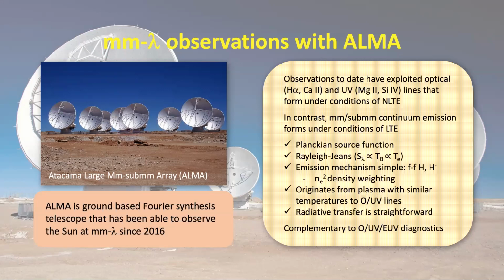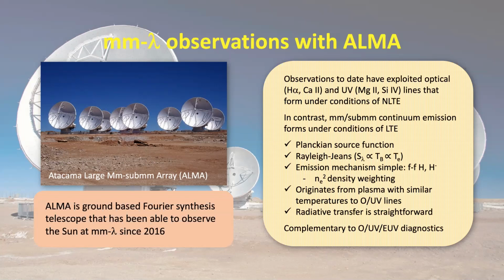And so the source function is Planckian because the wavelength is long. We're in the Rayleigh-Jeans regime, and so the source function is basically proportional to brightness temperature, which is a useful representation of specific intensity, which in turn is proportional to effective temperature.